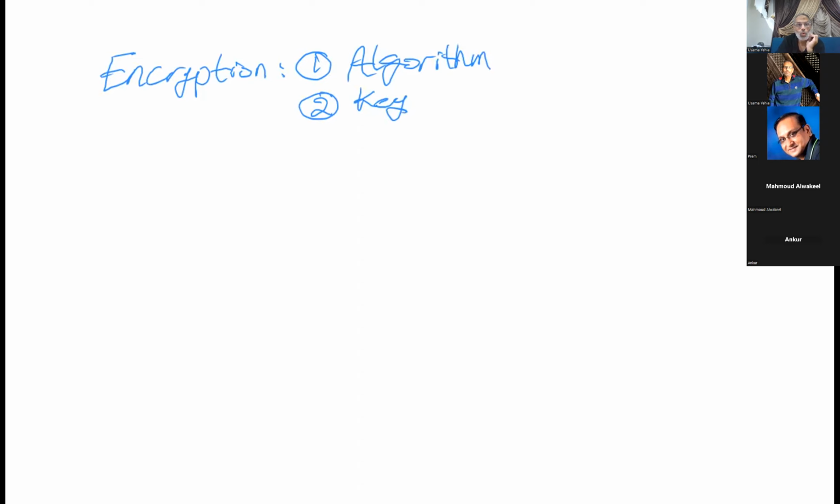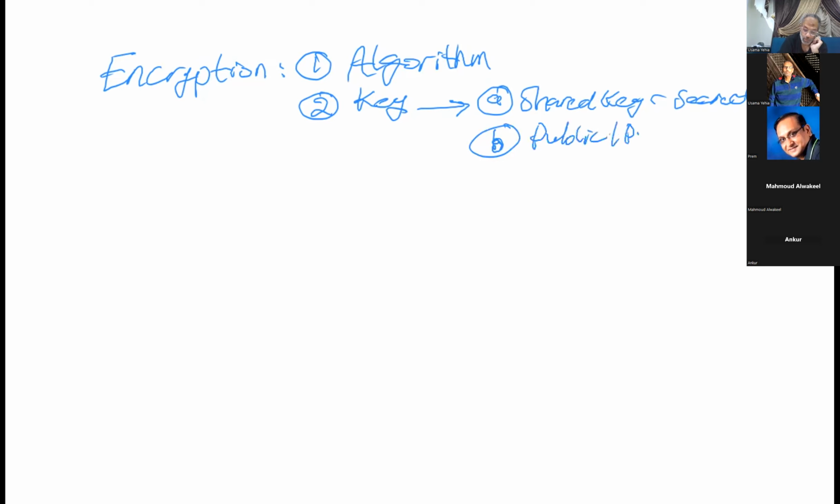We have two different types of keys: shared key, sometimes called secret key, and public, private key. This one we call symmetric encryption.